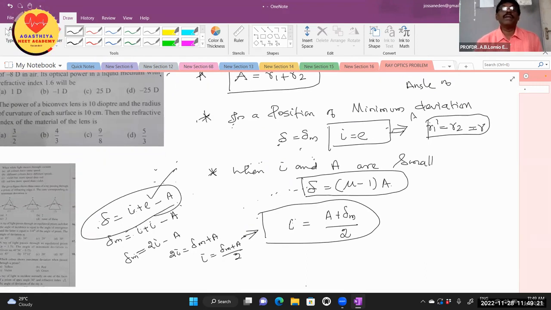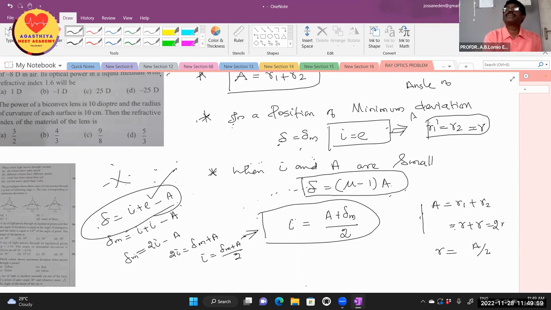This is the main relation for the prism. Already we have A is equal to R1 plus R2. For the minimum position, I have already told R1 is equal to R2. That means R plus R is 2R, therefore R is equal to A by 2.